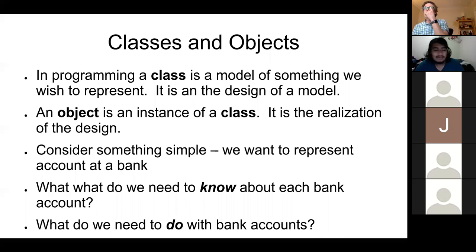Yeah, how much money is in the account? Maybe the interest rate. Right? What's the interest rate? Deposits and withdrawals. Maybe you want to keep track of when money goes in and when money goes out, right? So this is information about an account.